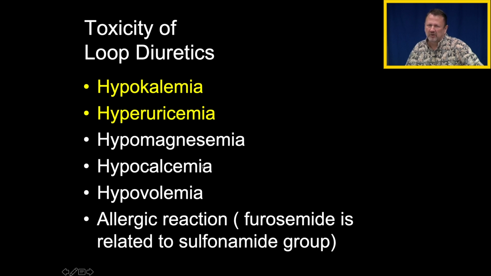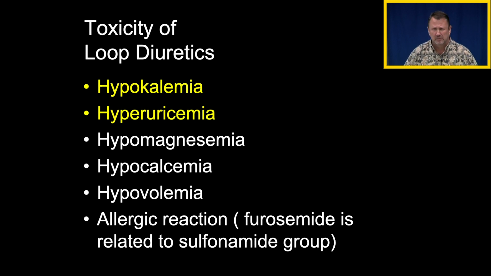Keep in mind, a lot of your older patients, they need calcium. They need to keep their calcium levels above low, and so we have a problem with hypocalcemia and hypomagnesemia in certain people who use loop diuretics. And then any drug that causes anything to happen can cause too much of that to happen, and so we use loop diuretics to lower volume.